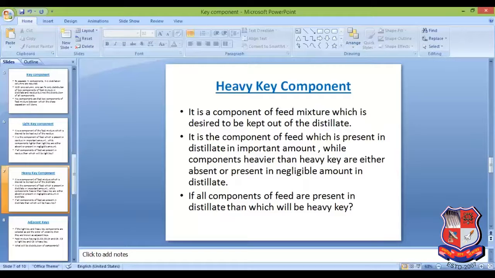Because the components which are heavier than heavy key should be absent or present in negligible amount in distillate. If all components are present, then the heaviest component will be my heavy key. So you just keep this thing very clear. When you are talking about light key, you should focus on residue, and if you are focusing on heavy key, then you should think of distillate.